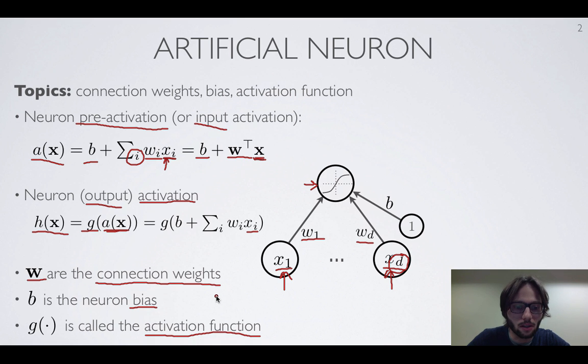So w will be the vector of connection weights. b will be a bias. It's a bias because if we have no input, b would be the pre-activation. So by observing a particular input, we are essentially going away from this initial value b of the pre-activation of the neuron. And then, as I said, g will be the activation function.